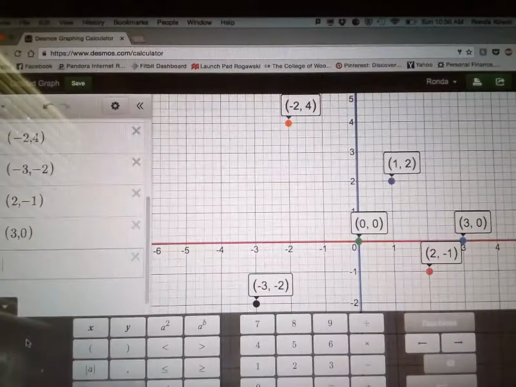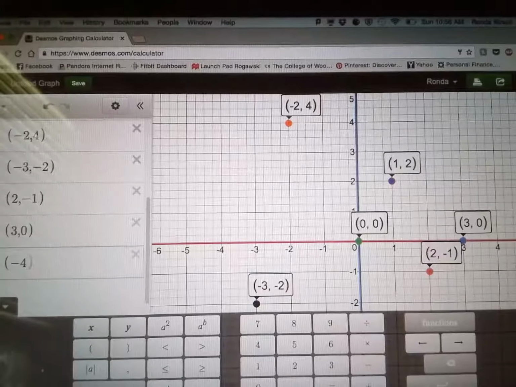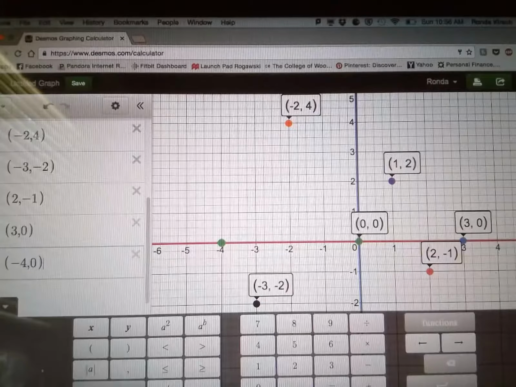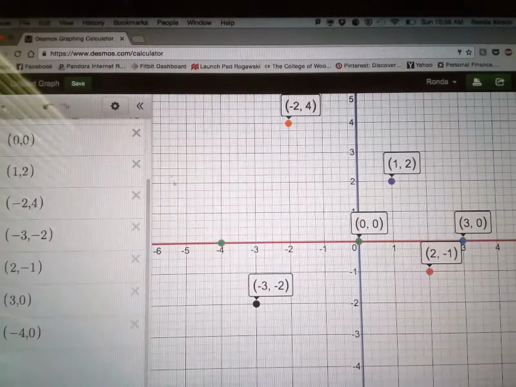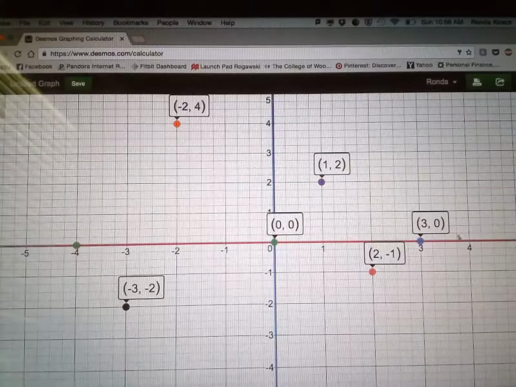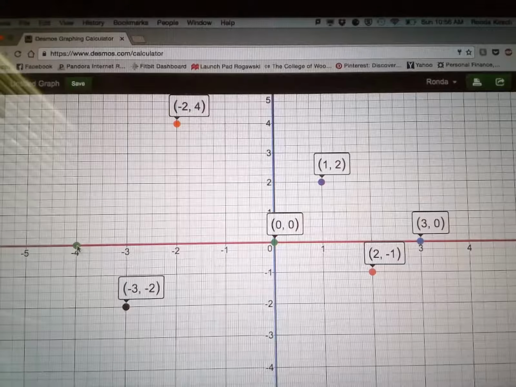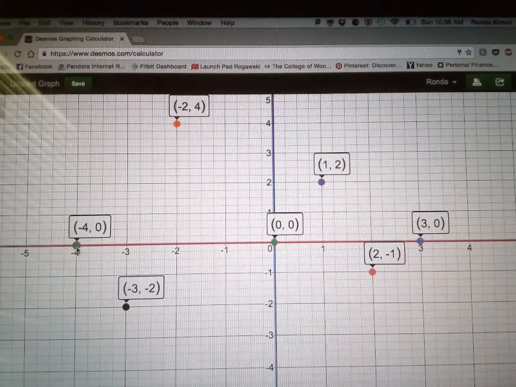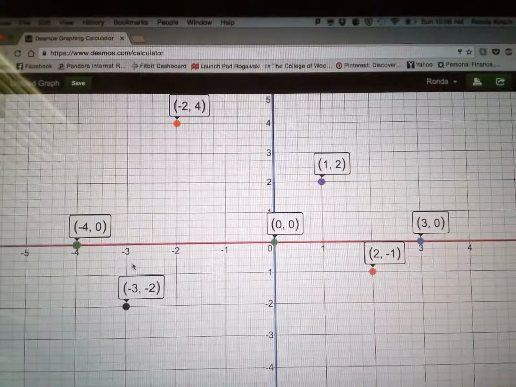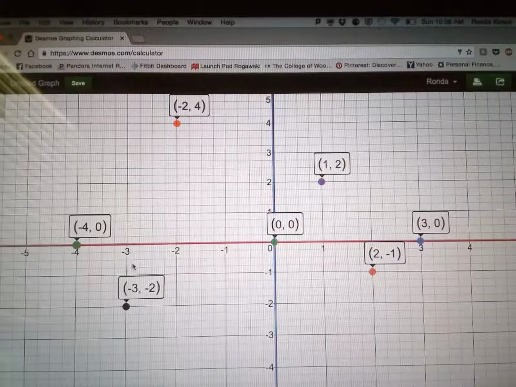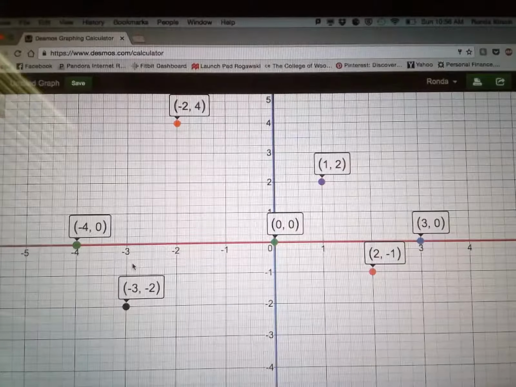Something that you might notice, let me put another x-intercept on my graph here. Let me say (-4, 0). Okay, so there's another one. The way that we say them is I have an x-intercept here at x equals 3, and I have an x-intercept here at x equals -4. So something that you might notice here is that to sit on x, that means that I'm not moving my y either up or down.